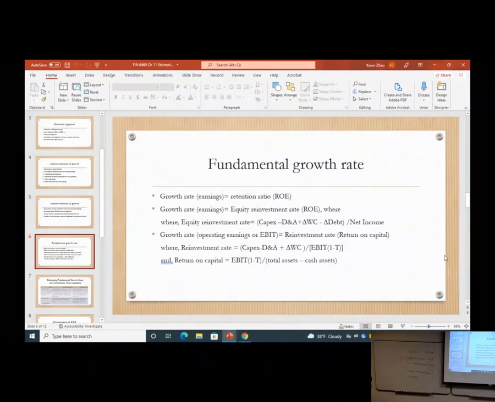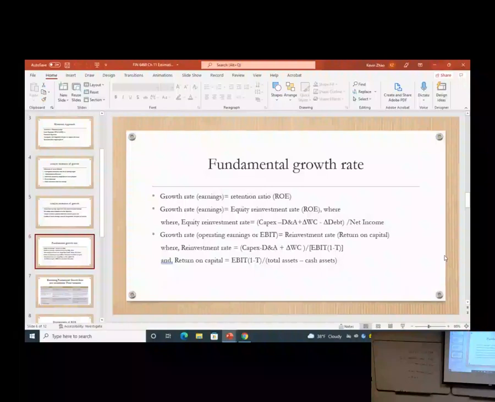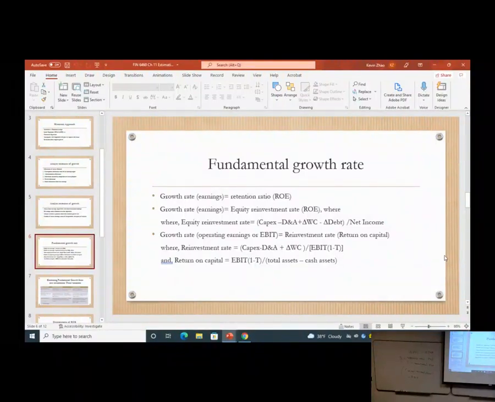Then you divide by net income, and that gives you the reinvestment rate. It measures, out of your profit, how much real money you put in to generate future growth. Then you multiply this by ROE. That's one way that you can estimate the growth rate on the equity side.